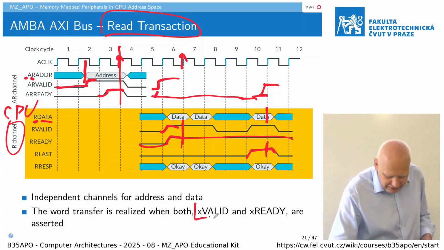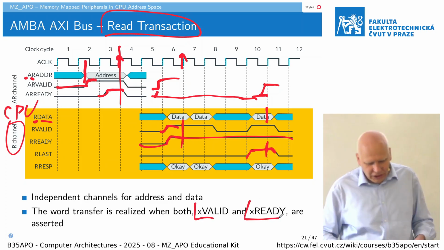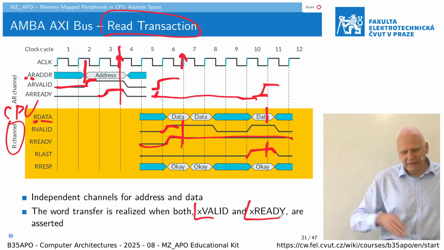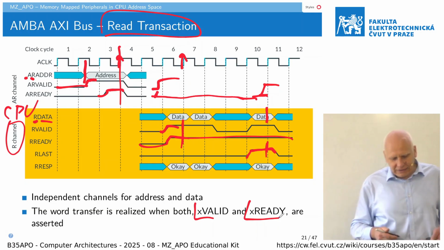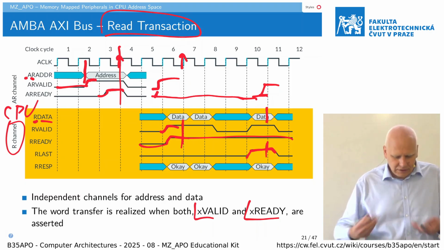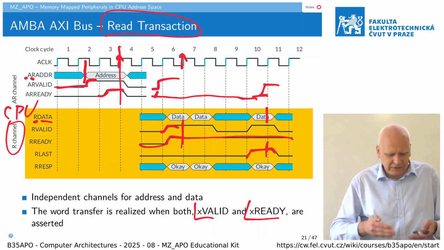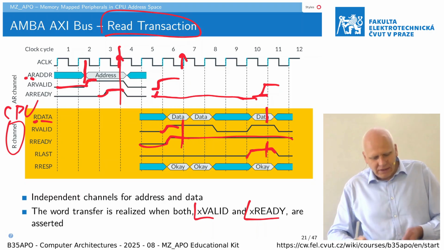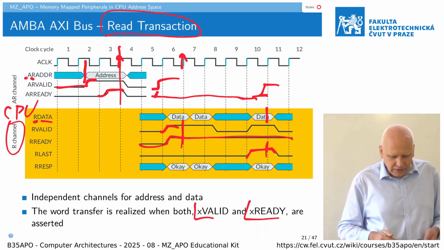So basically there is the rule that on each of those channels we have valid and ready, and if both are asserted at a given rising clock edge, then we know that the transfer has happened, and we consider it finished.